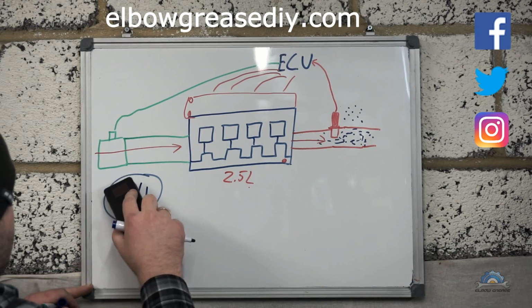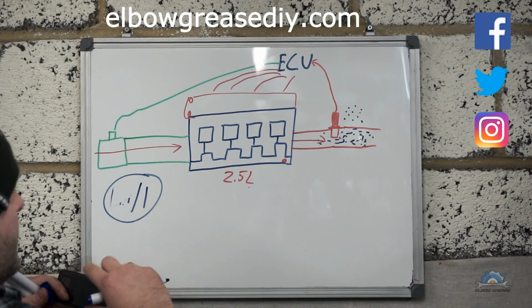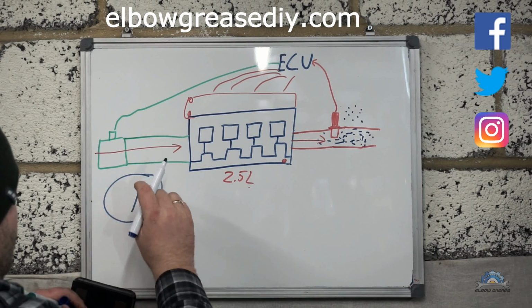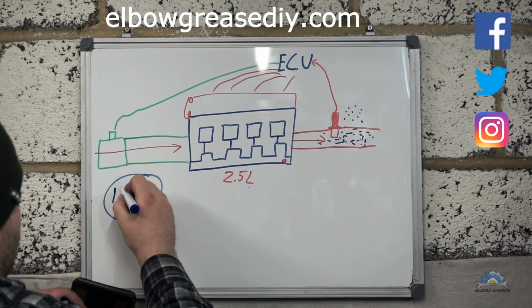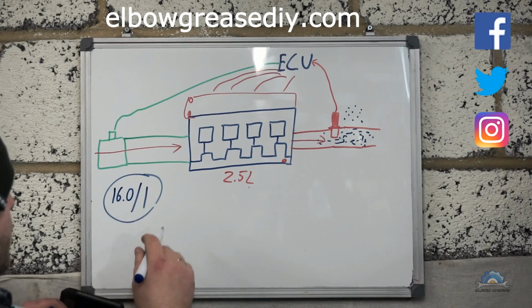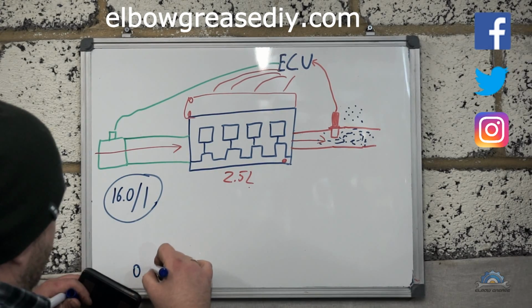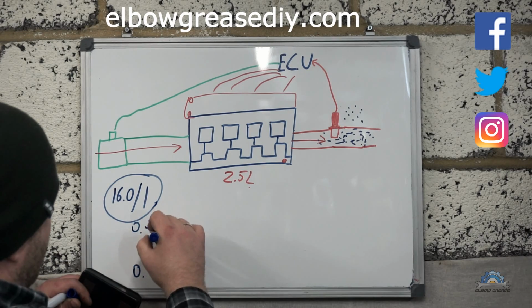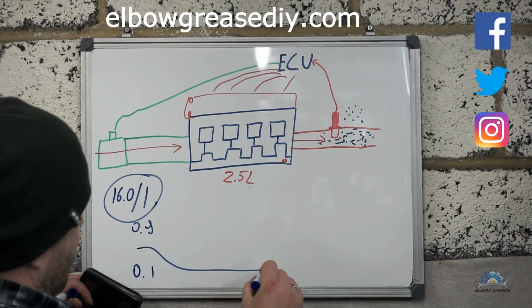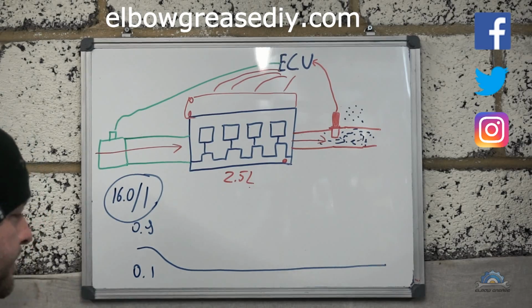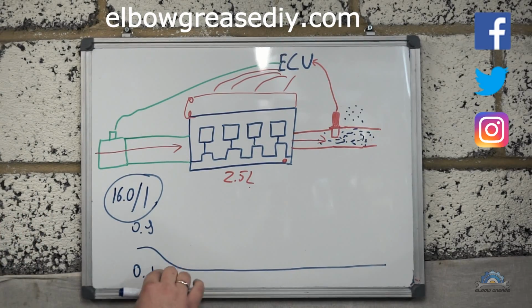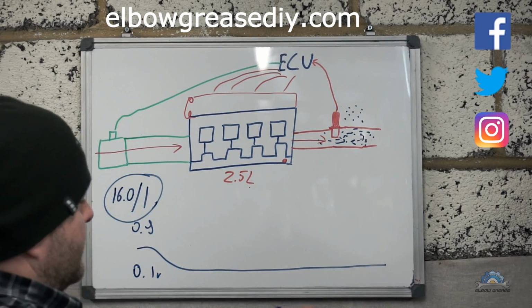Maybe there's more parts of air to parts of fuel. So our graph is going to look like this. It's going to be lean. The O2 sensor is going to show you a lean condition on its own graph.